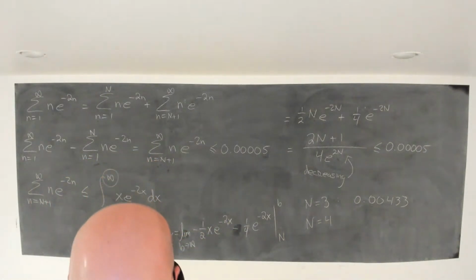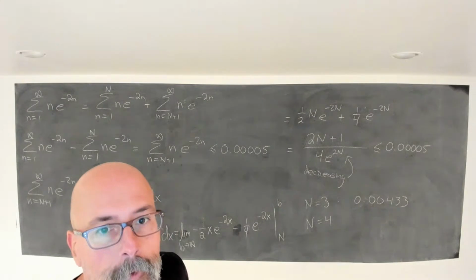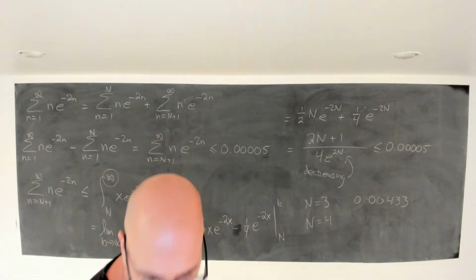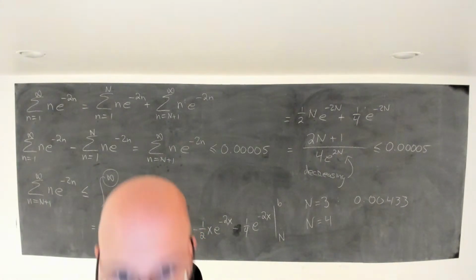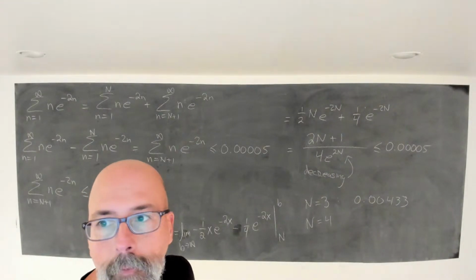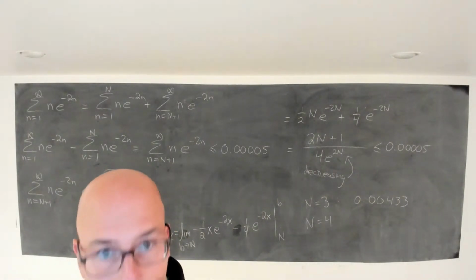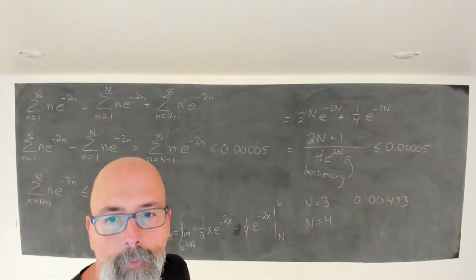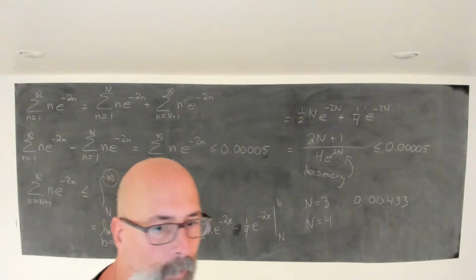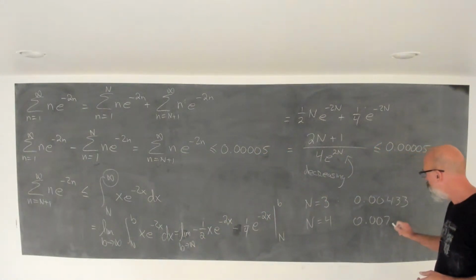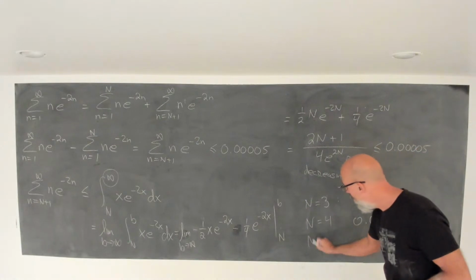If n is 4, I'll probably be off as well. That's going to be 9 over 4e to the 8. Three zeros and a 7. Still no good.